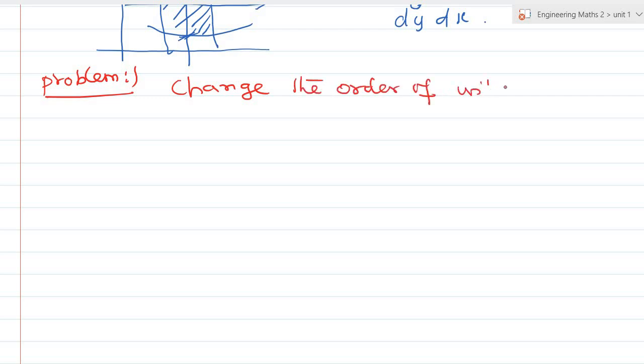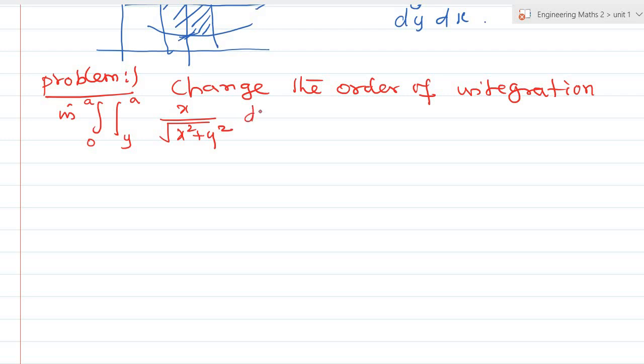Change the order of integration in the double integral over y from 0 to a and then x from y to a, of x divided by root of x square plus y square dx dy, and then evaluate it.